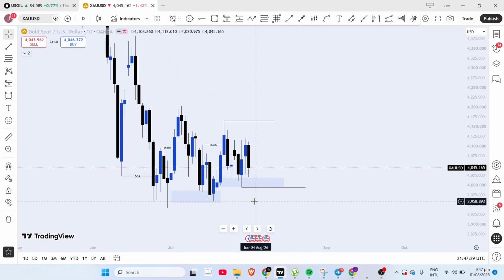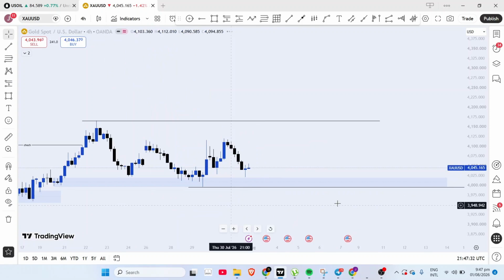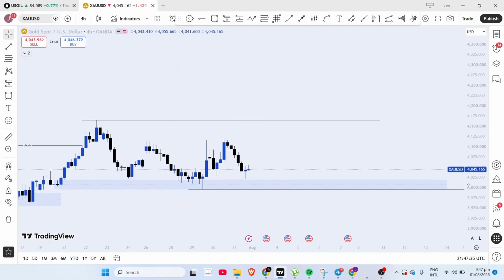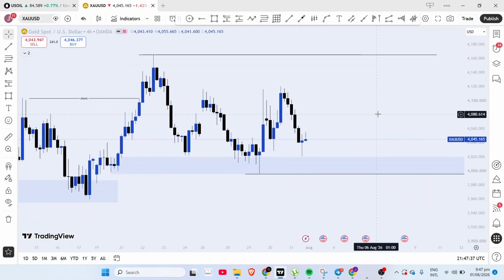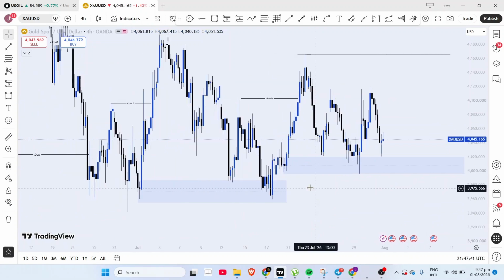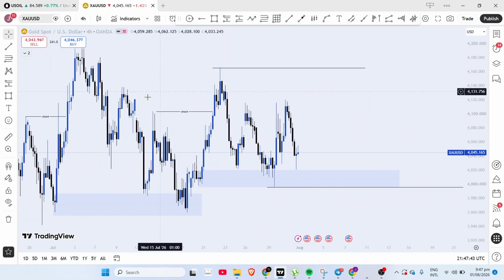So on the 4-hour, this is the zone we marked out last week on gold. Our zone was tested by price. Last week we said we had a change of character here, then we marked out this zone. You can see price came into the zone on Wednesday and gave some bullish signs.